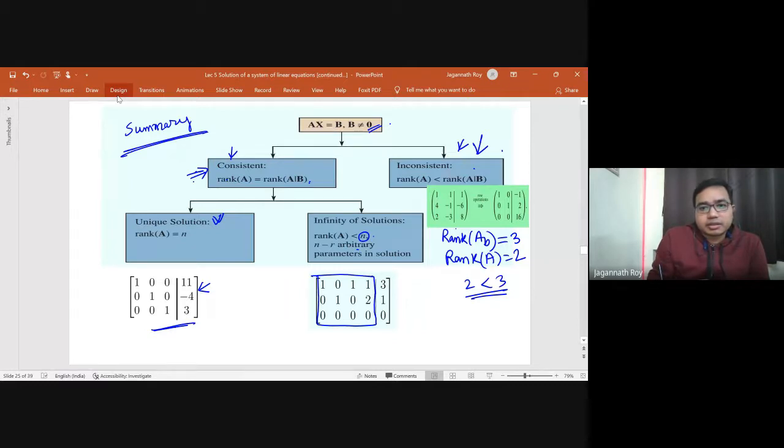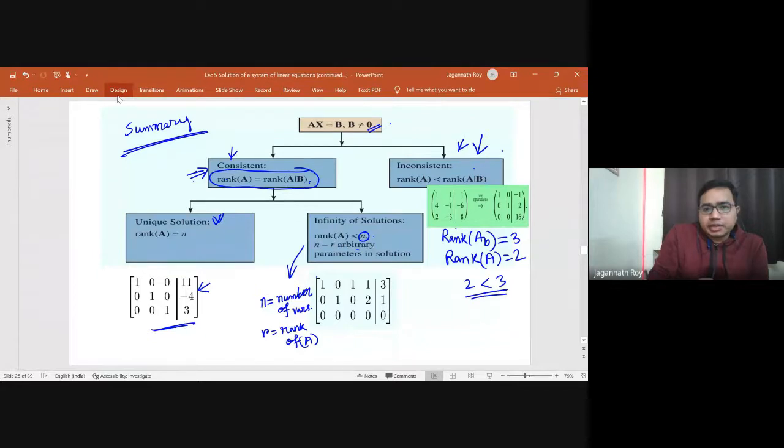Here r is the rank of A, because this is the case where the rank of A and the rank of AB are equal. So we write it in terms of the rank of A. r is the rank of A.